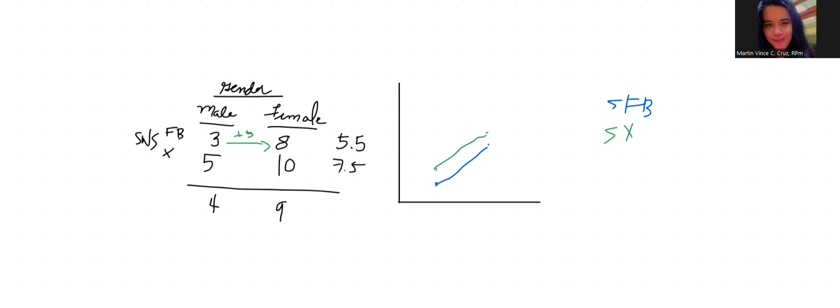And ganun din dito sa X, a constant of plus 5. So there was a change in both directions in 5 units. So therefore, if you plot something and see a parallel line similar to this, ang ibig sabihin nun, walang interaction.